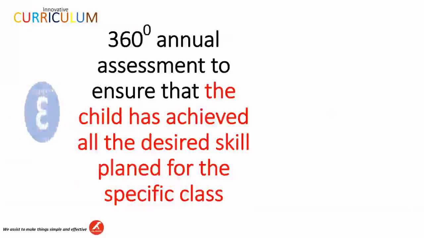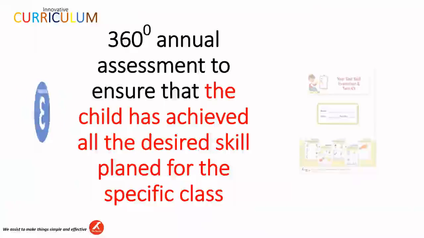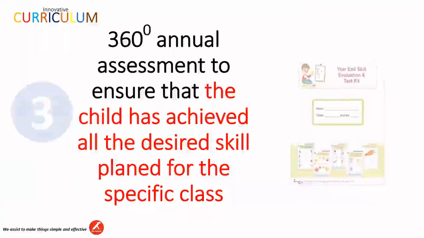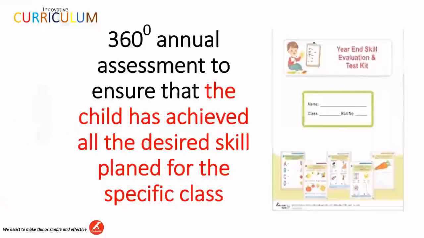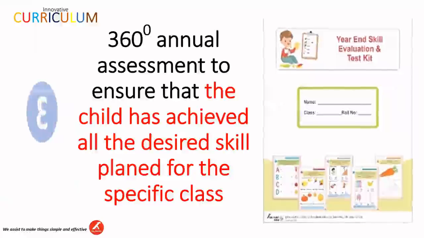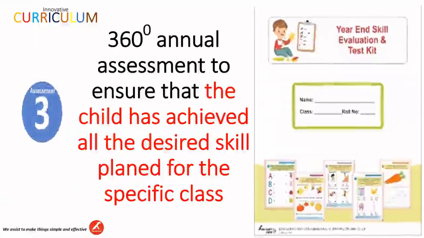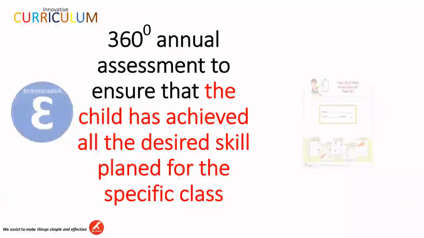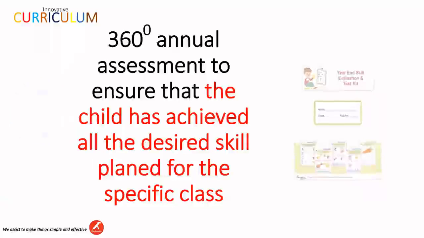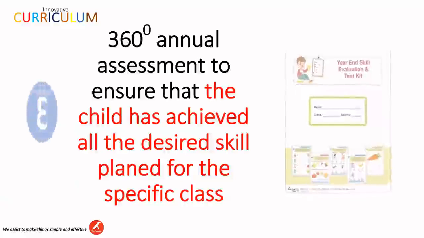Then finally, we have an annual assessment tool, as I have already told, and I am repeating again. Since the child has spent a complete year in a particular class, for a particular academic session designed for that age, it becomes very, very important for us to know to what extent all the skills scheduled for that year have been achieved.